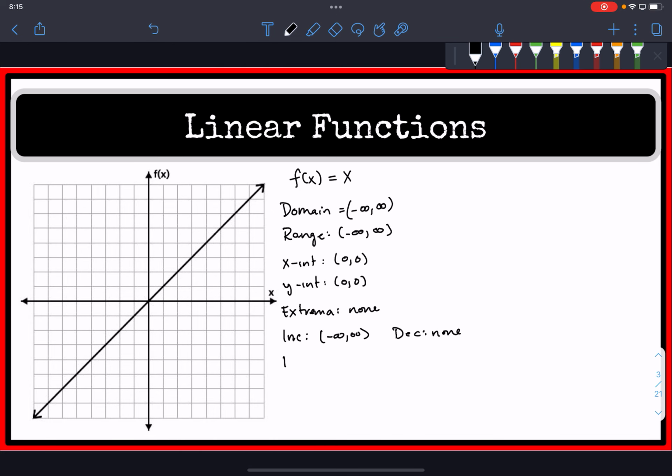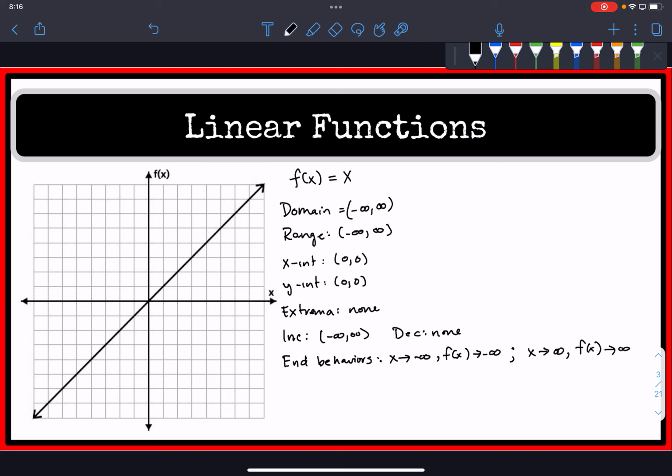The end behaviors of the function, as you can see, is that as x approaches negative infinity, so to the left, our function is also approaching negative infinity. And as x approaches positive infinity, our function is approaching positive infinity. So again, these two ends are pointing in the respective direction. To the left, it's pointing downwards, so towards negative infinity, and on the right the y values are pointing upwards, so they're getting higher and higher towards positive infinity.